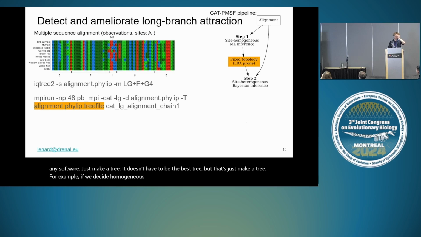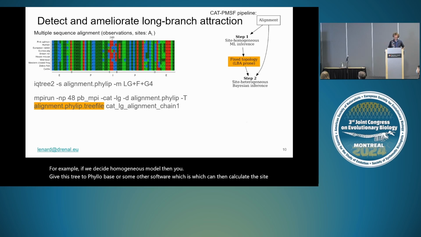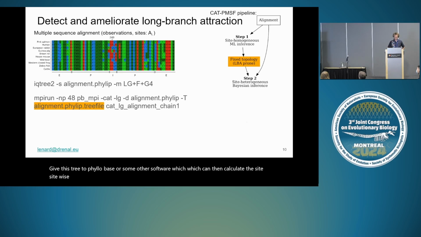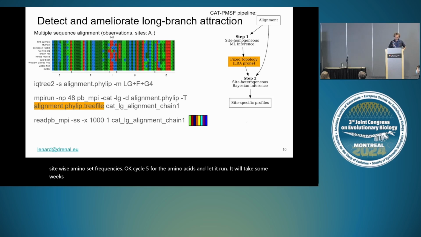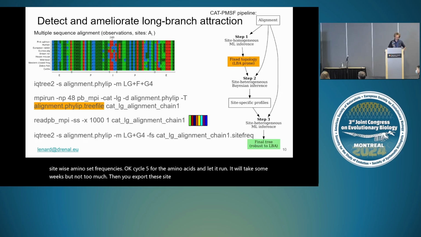Then you give this tree to PhyloBayes or some other software which can then calculate the site-wise amino acid frequencies, like a site profile for the amino acids, and let it run. It will take some weeks, but not too much. Then you export these site-specific profiles, and at the end, get another tool.